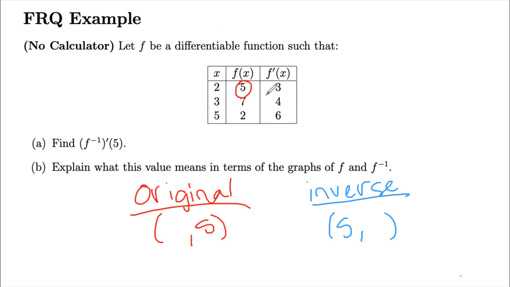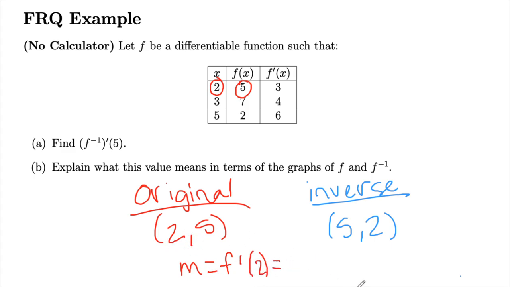So let's go ahead and take a look at our table of values. So the output of our original function is 5, which makes the input 2. So going back to the inverse, that's going to make our output here 2. So now let's go ahead and take a look at the slope of the original equation, which again is just given by f prime of our input value of 2.